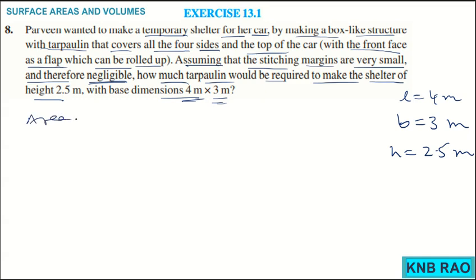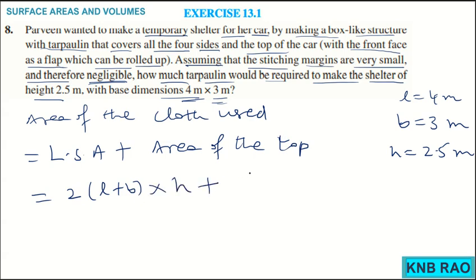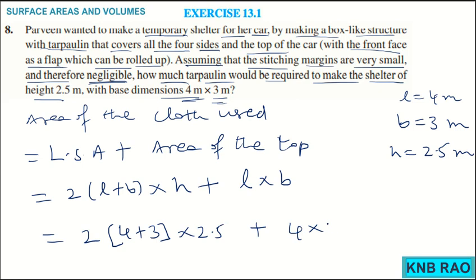That means the area of the cloth used is lateral surface area plus area of the top. That means here 2 into L plus B, the perimeter of the base, into the corresponding height, plus the area of the top, which is L into B. That means 2 times of 4 plus 3 into 2.5 plus 4 into 3.